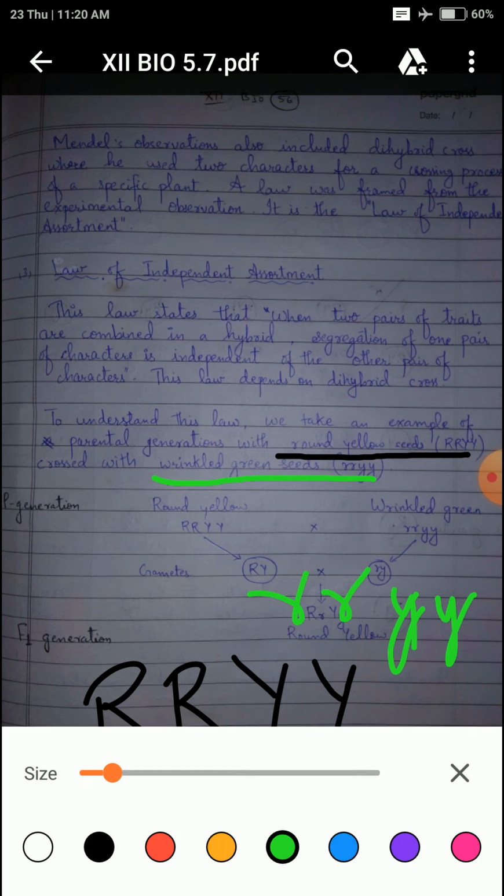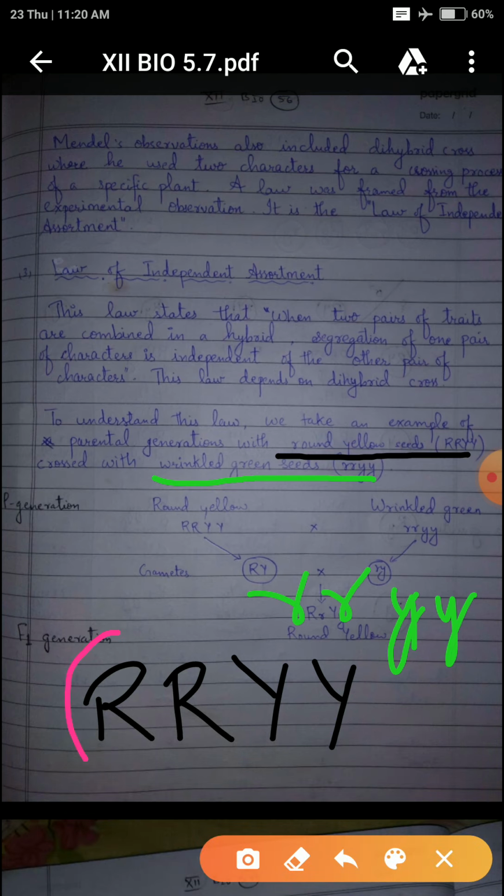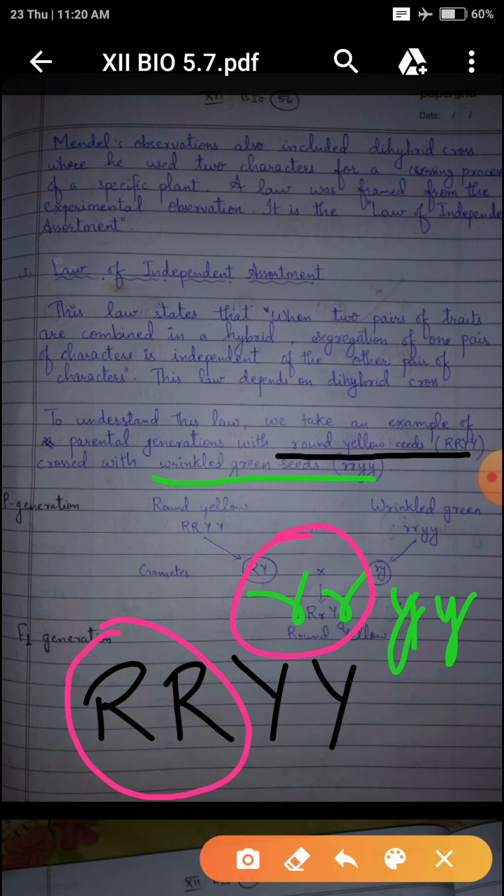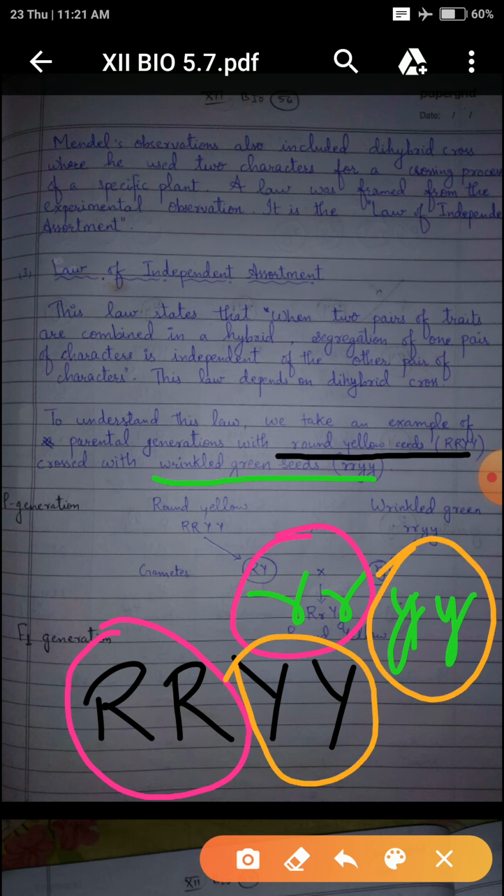We are well aware that for the shape and for the color, this is the dominant character, yellow, and this is the recessive character, green, right?